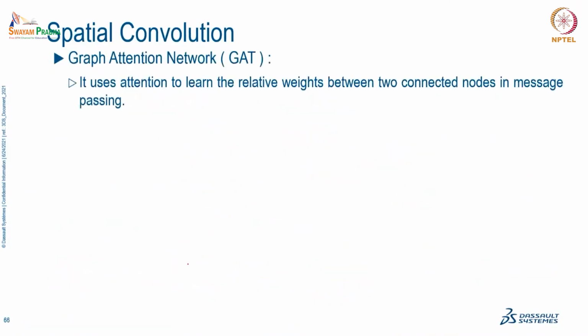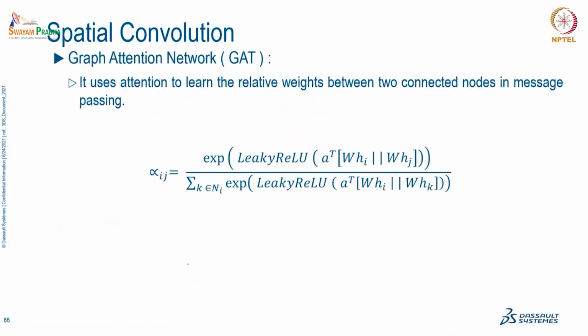Now, if you go to graph attention network, in lab you have already implemented this, so you just have to run it. Conceptually, we are giving certain weightage to certain nodes additionally. We want attention on some particular nodes, and that is calculated using this additional attention parameter, alpha ij.